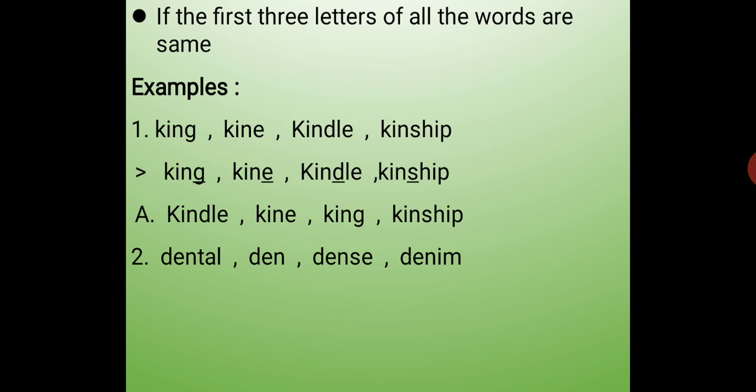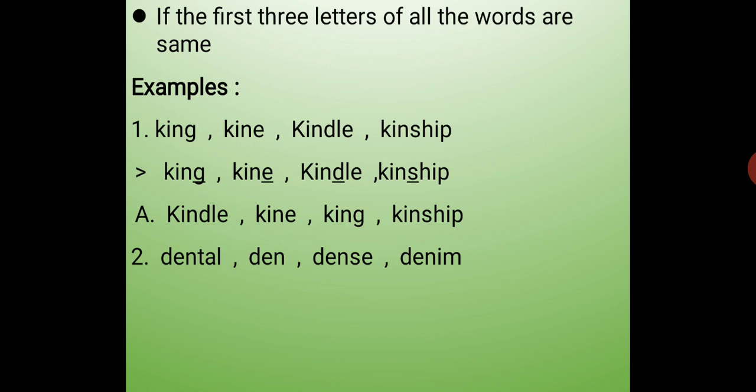Now third letter, also same. Now what can we do? We move on to the 4th letter of the word. What is the 4th letter from dental? T. What is the 4th letter from den? There is no 4th letter because den is a 3-letter word.